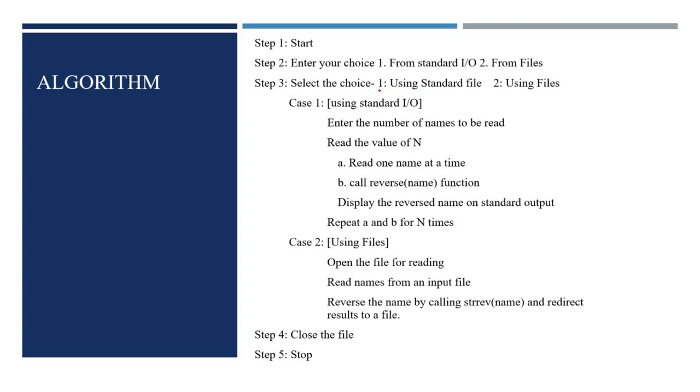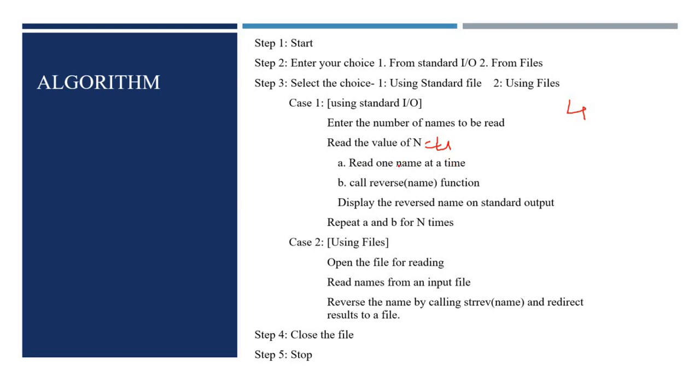In case 1, the number of names to be read is taken as n. For example, if the user wants to give four names, then 4 is assigned to the value n.